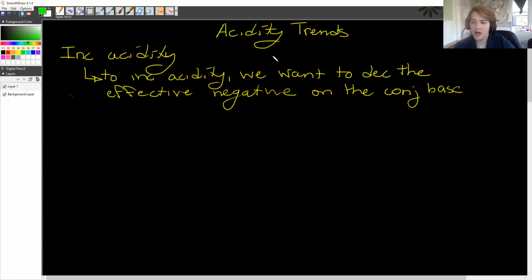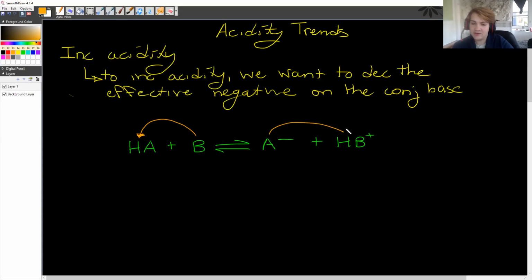Well, why do we want to do that? Well, if we remember, we have this setup going on: HA plus B goes to A minus plus HB plus, right? This is our setup that we were talking about with Bronsted and Lowry. And we talked about how the acid will donate over the hydrogen and the base will pick it up. But then this conjugate base can steal back that proton, right?